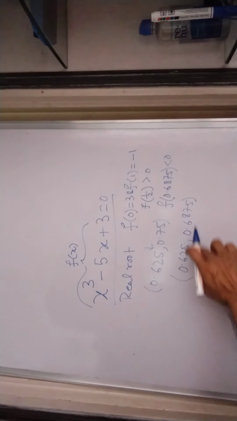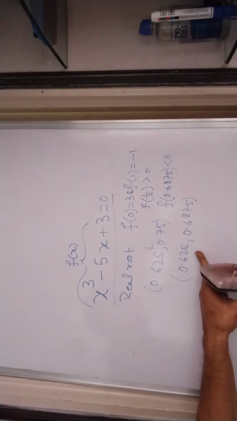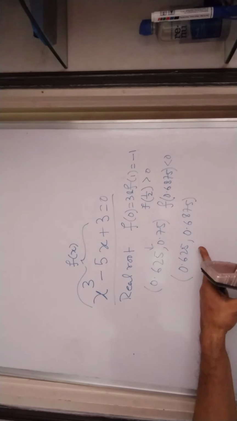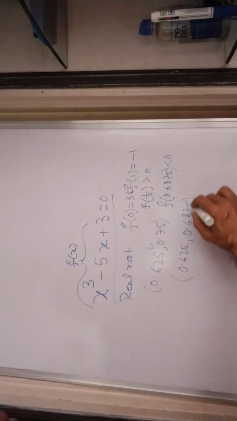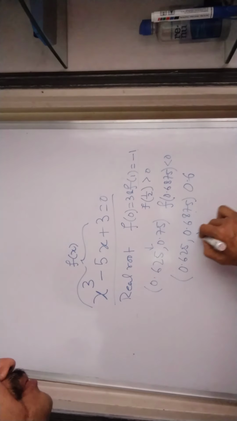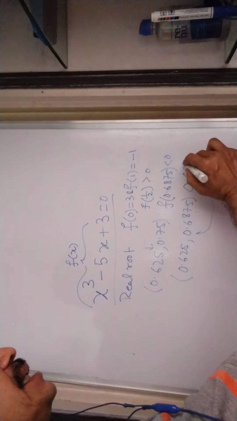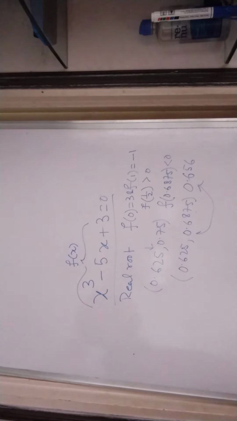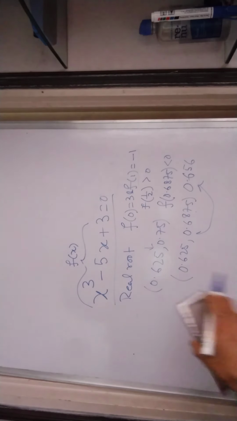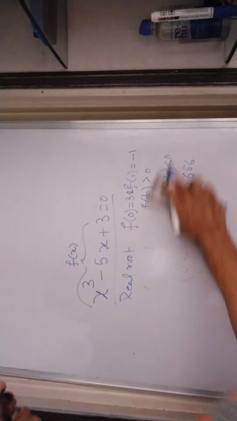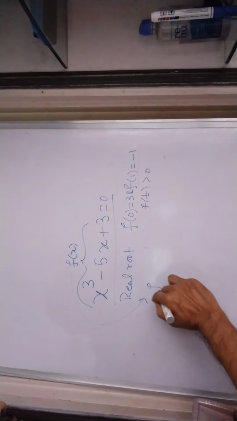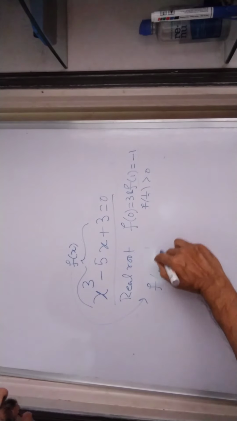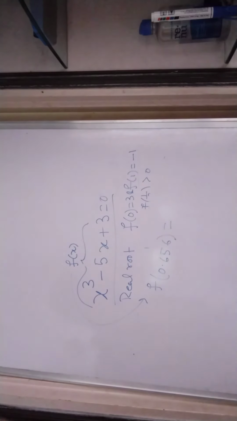And again we have to halve this interval. When we halve this interval, this plus this by 2 gives us the middle point of this interval as 0.656. And if we calculate f of 0.656, it comes out to be almost 0.